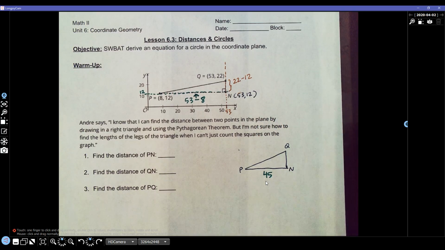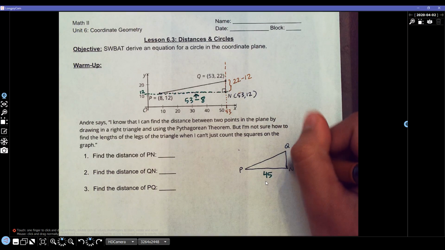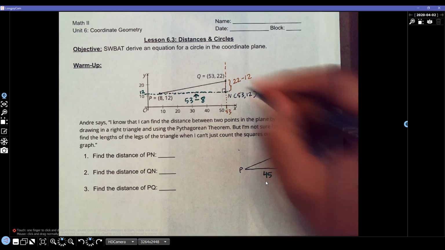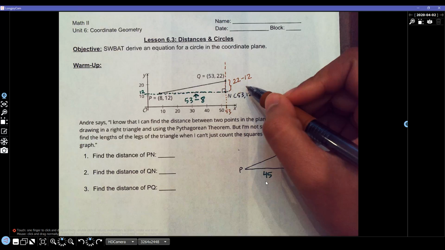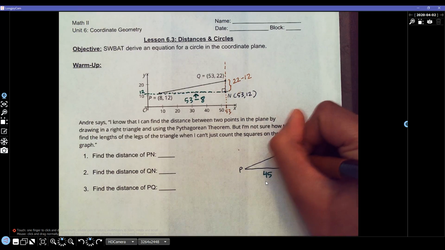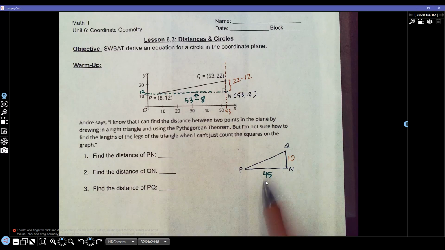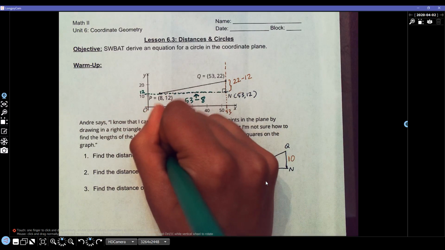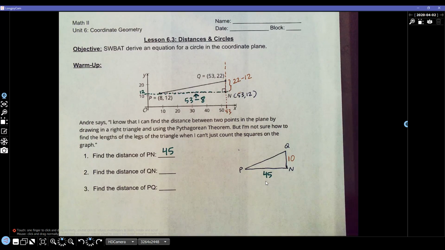And then the distance between Q and N is going to be 22 minus 12, which is 10. Okay, so we have already found the answers to the first two. I'm just going to put them here, 45 and then 10.